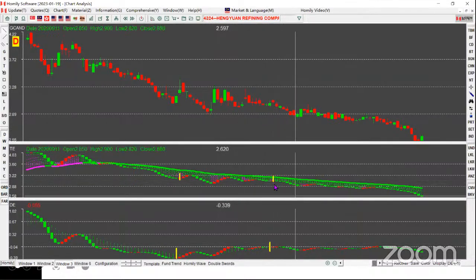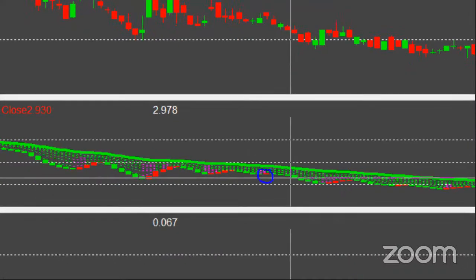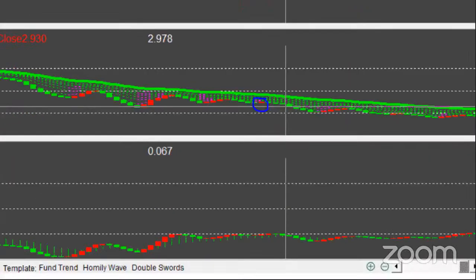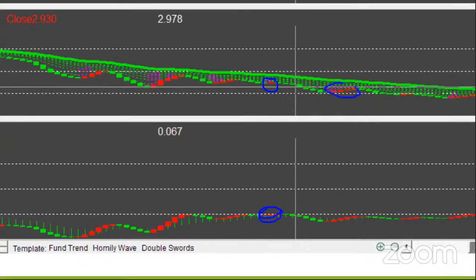You see here, TE is only one red, but DE has 3 red. So in a downtrend, the Deviation Expert buy-in signal will be much faster than the Trend Expert and more sustainable. This one is only 4 days, this may be 6 or 7 days.